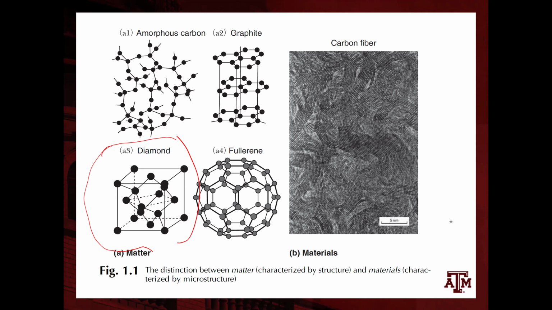So this is another attribute in addition to the composition, where we mix and match different elements. Even if we just use one element, or two or three elements together, we can change the microstructure, and that could also change their properties and therefore their utilization in different applications.